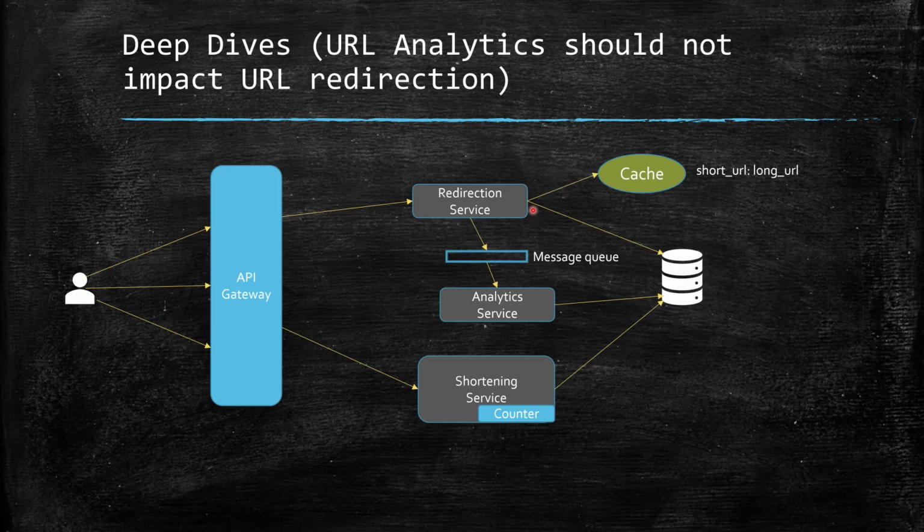And then the consumer in the analytics service will consume those messages, then put them in the database, and we are done here. The analytics service can take its own time now to call any external service to get the country from the IP address. As a result, we have made this flow between the redirection service and the analytics service async. So now the impact will be very minimal.